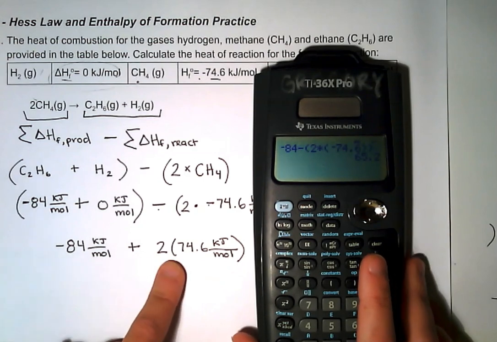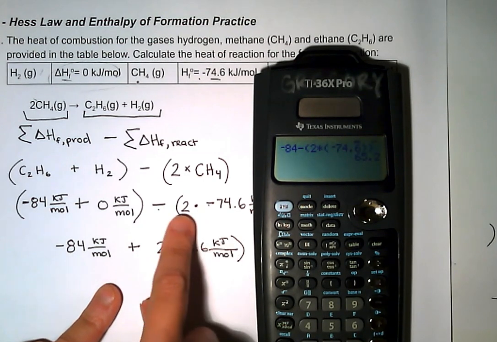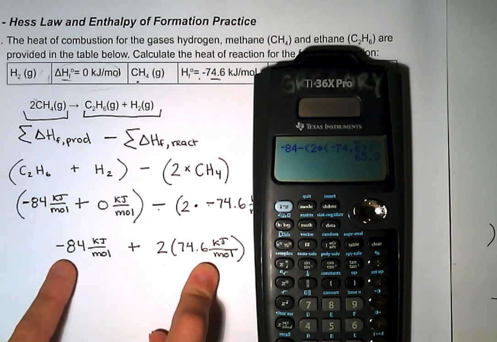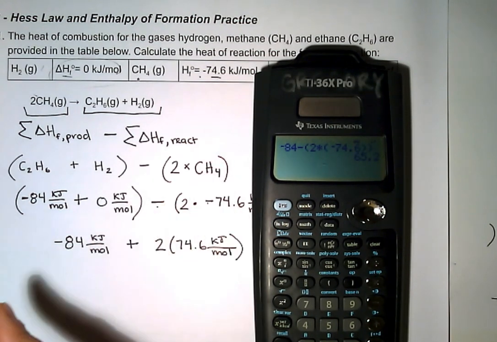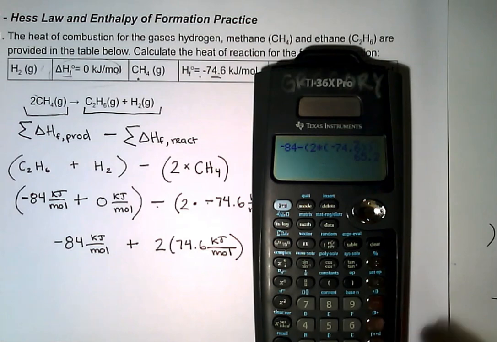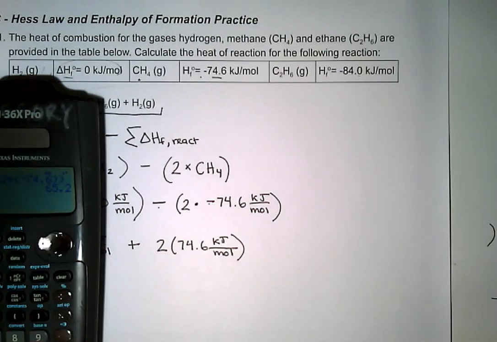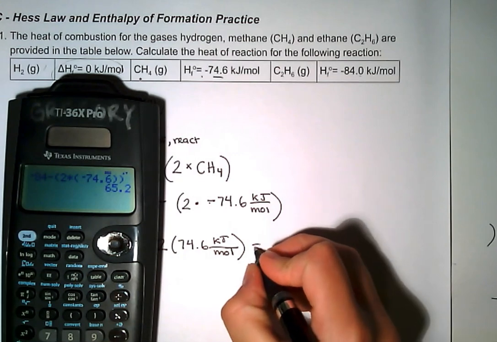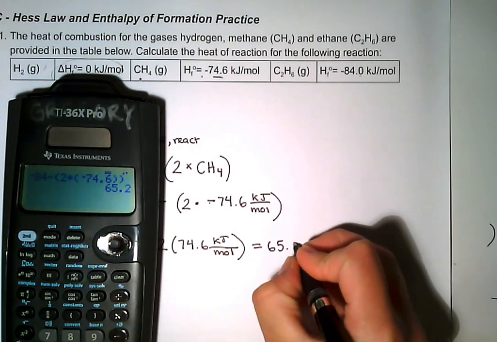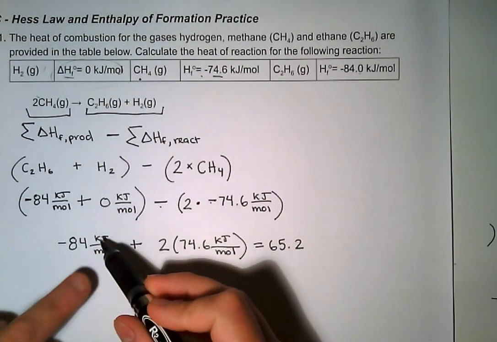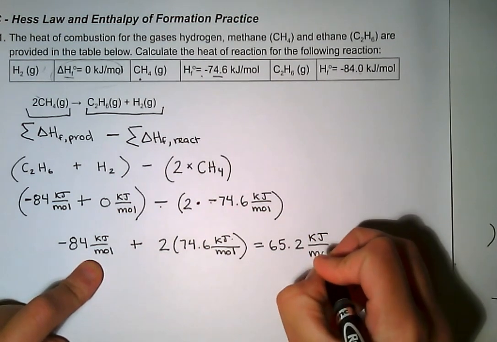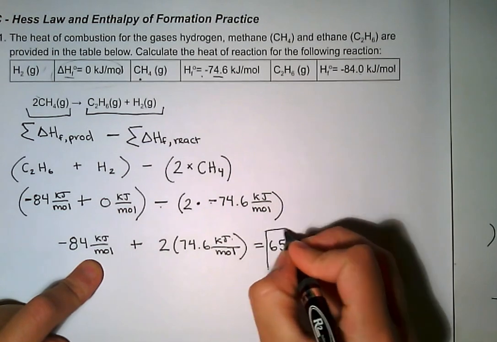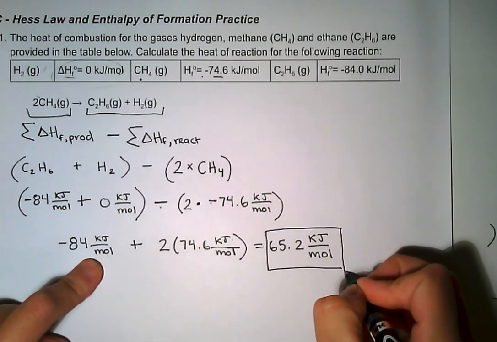That does make sense, because 2 times 74 is going to be close to 150, so negative 84 plus 150 is going to give me a positive number. The answer to my problem is 65.2, and my units, of course, are kilojoules per mole. Box that final answer in.